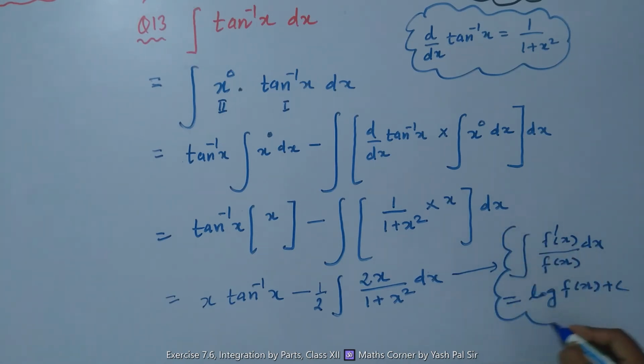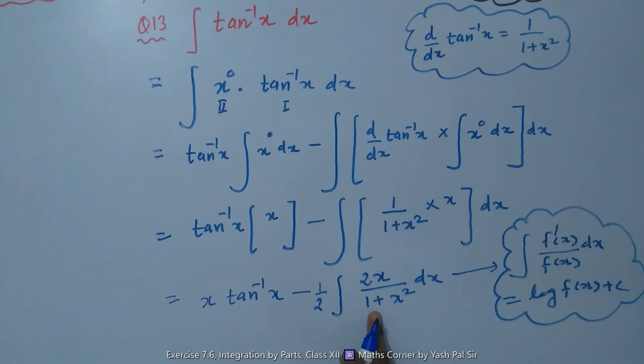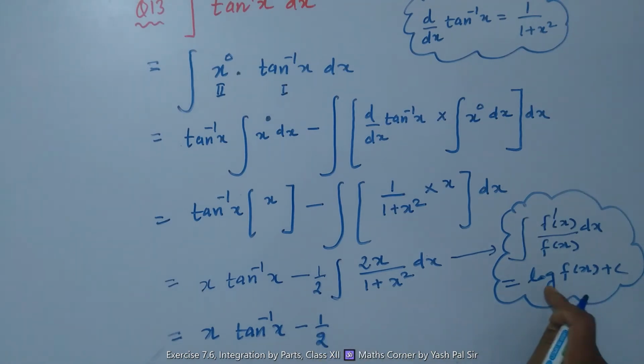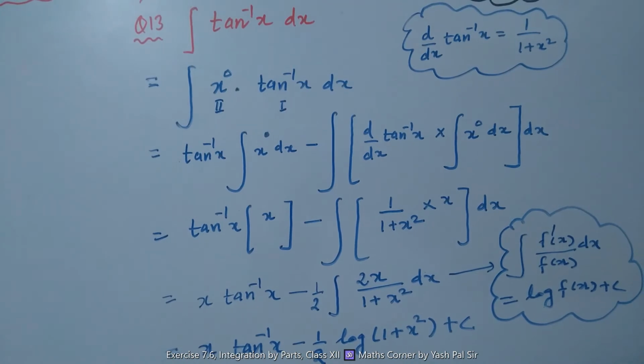So accordingly, in this rational function, the exact derivative of the denominator, 2x, exists. Exact derivative of the denominator is f dash x. So accordingly we substitute the value, and it becomes x into tangent inverse x minus 1 upon 2. So what is f of x? This is log of 1 plus x square plus c. This way our question is solved now.